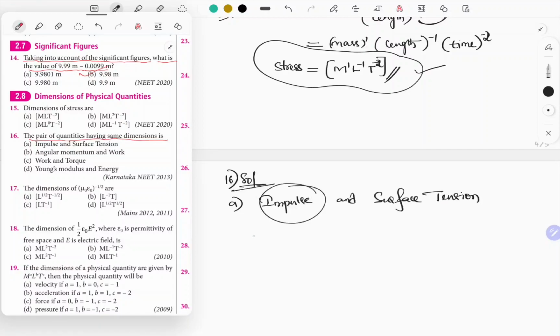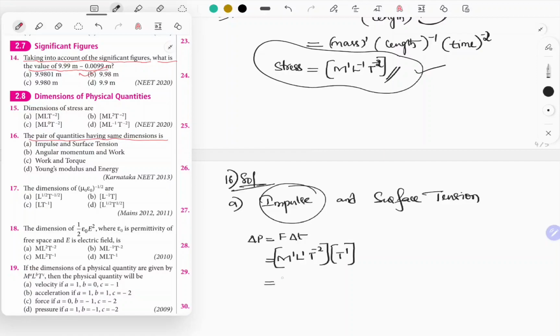The formula for impulse is actually represented with change in momentum. Change in momentum can be represented as F into delta T, force into delta T. Force dimensional formula is M power 1, L power 1, T power minus 2. Just now I have explained. Time dimensional formula is T power 1.